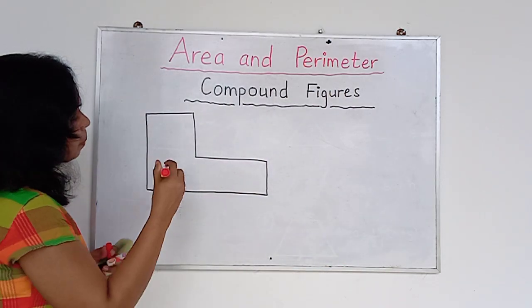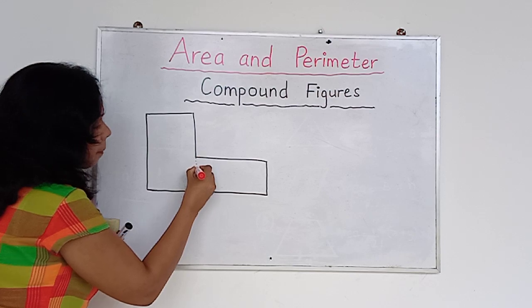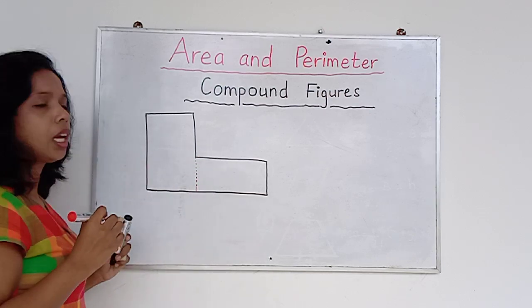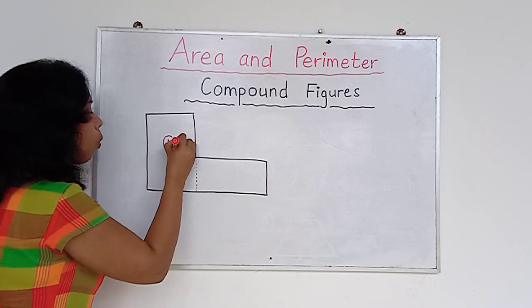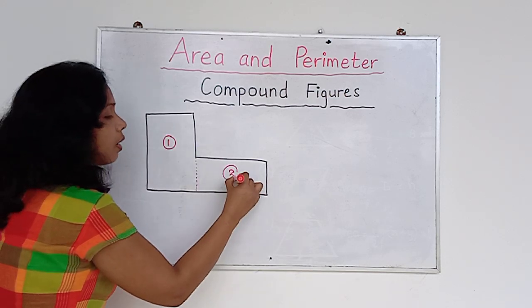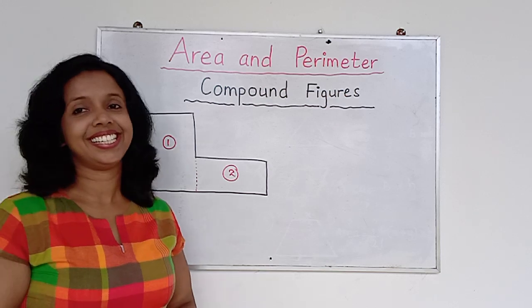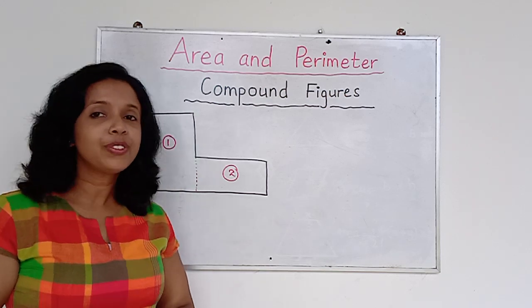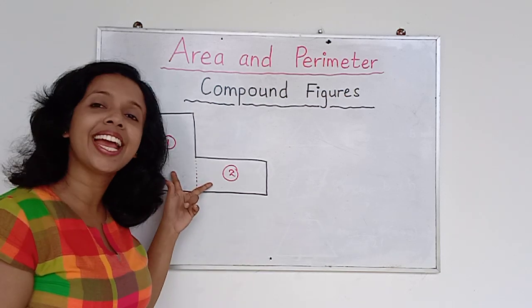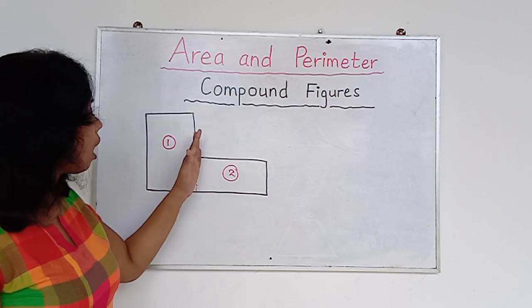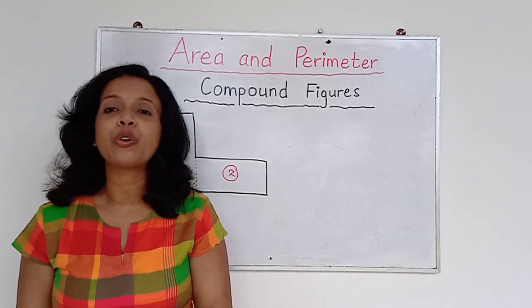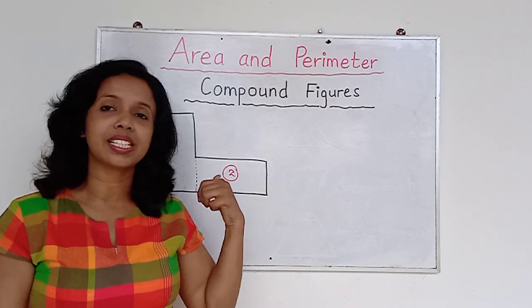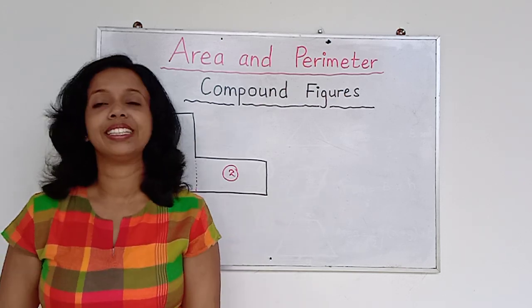So let's say, if I divide like this, now can you see one rectangle and another rectangle, children? Yes. Now tell me, if you can see two rectangles clearly after dividing like this with a dotted line, how do you find the area of such a compound figure?